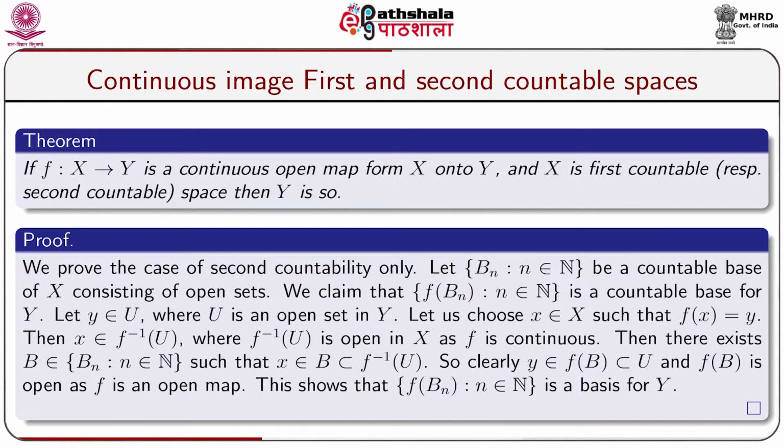Then clearly y belongs to f of B, which is contained in U, and we have already said f of B is open as f is an open map. This shows that f of Bn, such that n belongs to N, is a basis for Y.